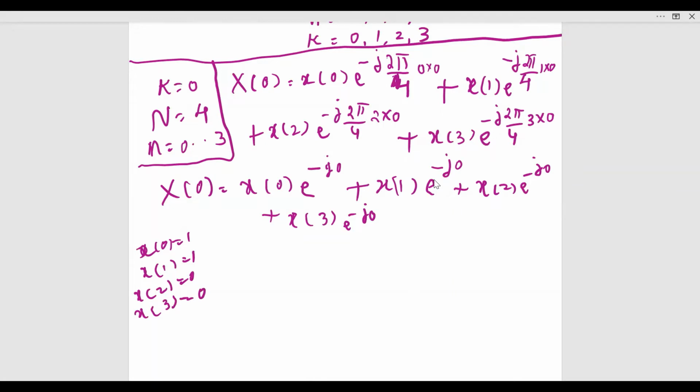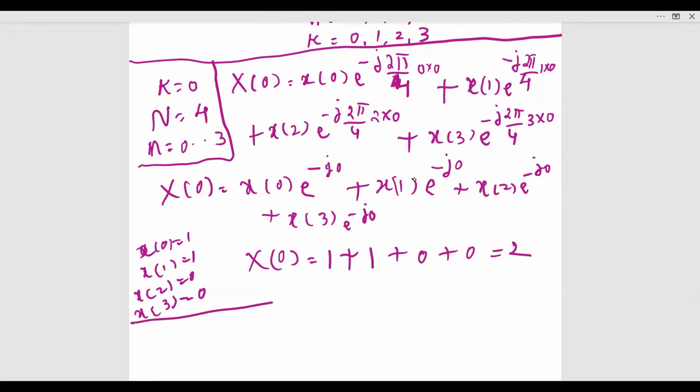Therefore, x of 0 is 1 into e power minus j 0. E power 0 is 1, so we get 1. Plus similarly, x of 1 is also 1, e power minus j 0 is 1, so 1. And x of 2 is 0, so this is 0. And x of 3 is 0. So x of 0 is 2.